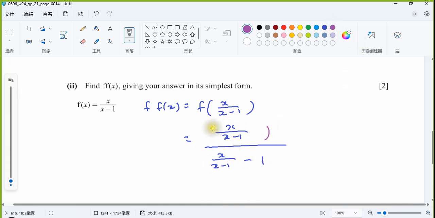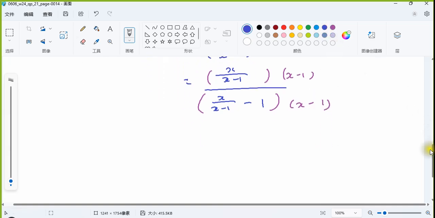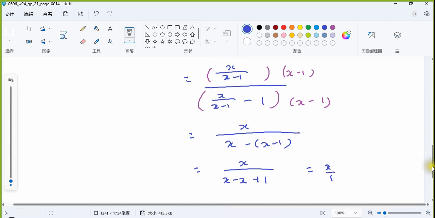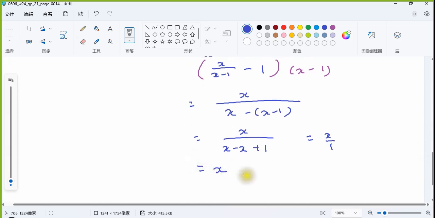So this one we multiply with x minus 1, and this whole thing also I multiply with x minus 1. Then what we will have is x over x minus 1, then x minus x plus 1, then this will be x over 1, so it's equal to x.